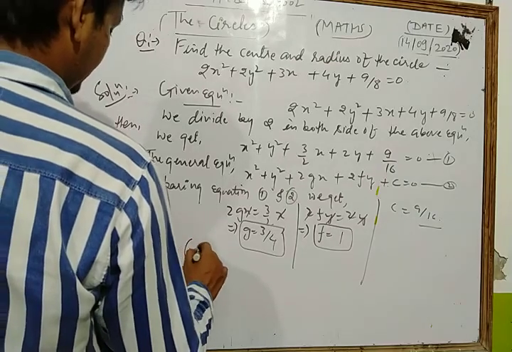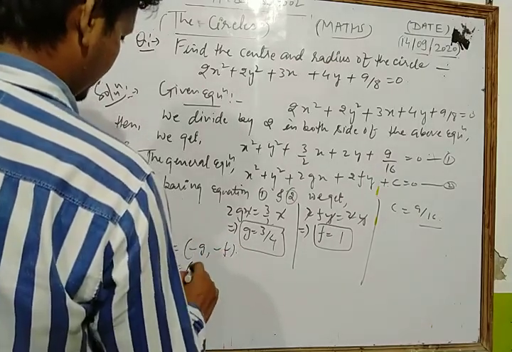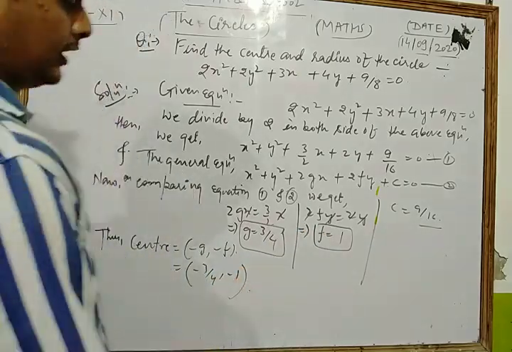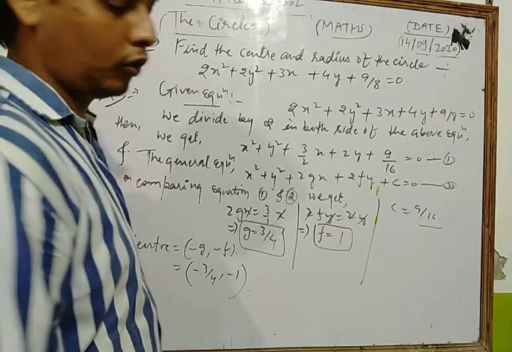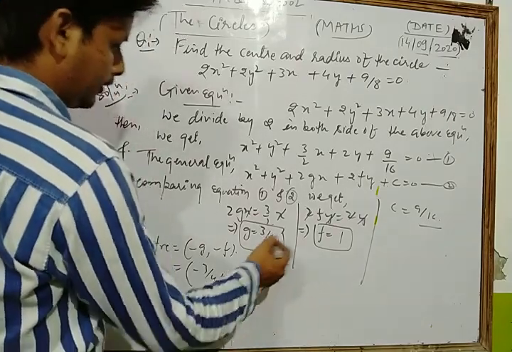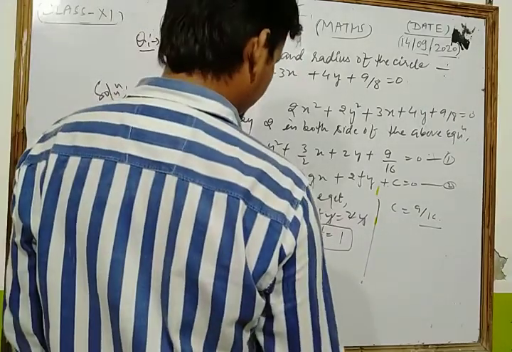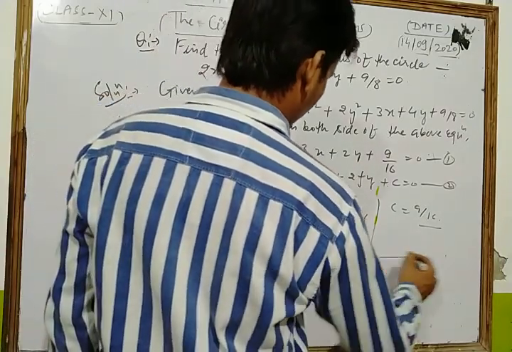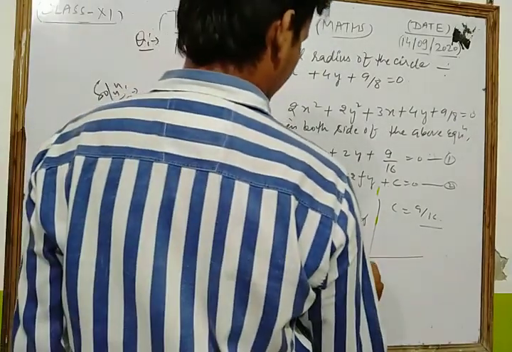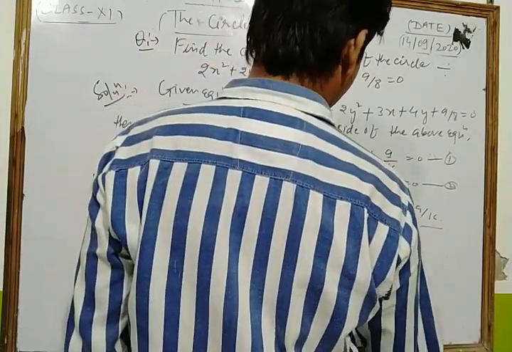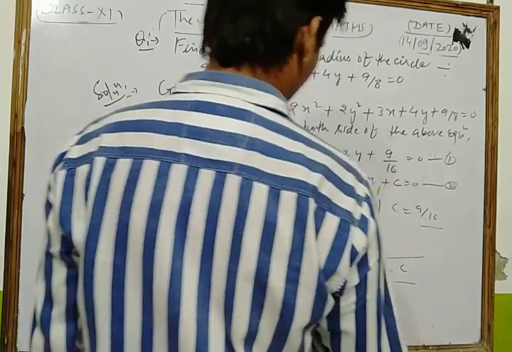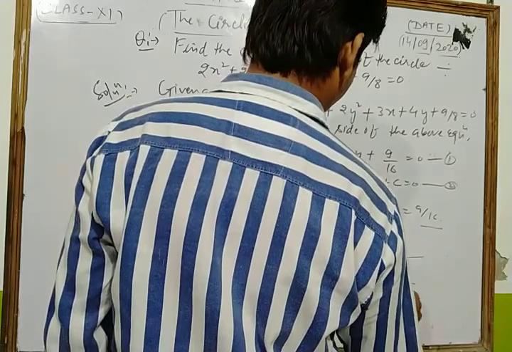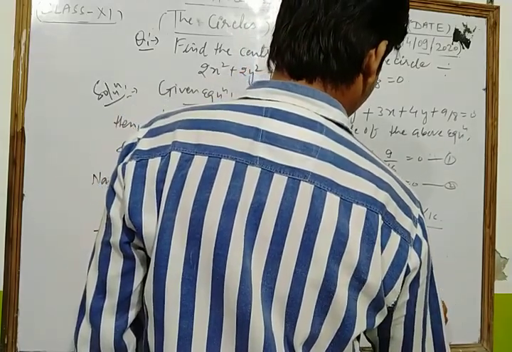Thus, the center of the circle is (−g, −f), so we get (−3/4, −1). This is one answer. We put the values of g and f, and the radius is equal to the square root of g² + f² − c. Here g is 3/4, so (3/4)² + (1)² − 9/16.